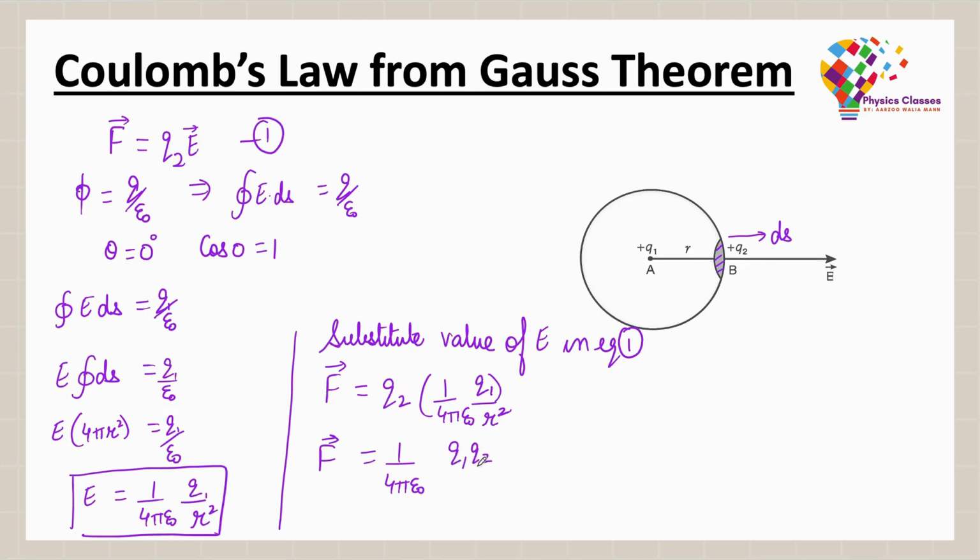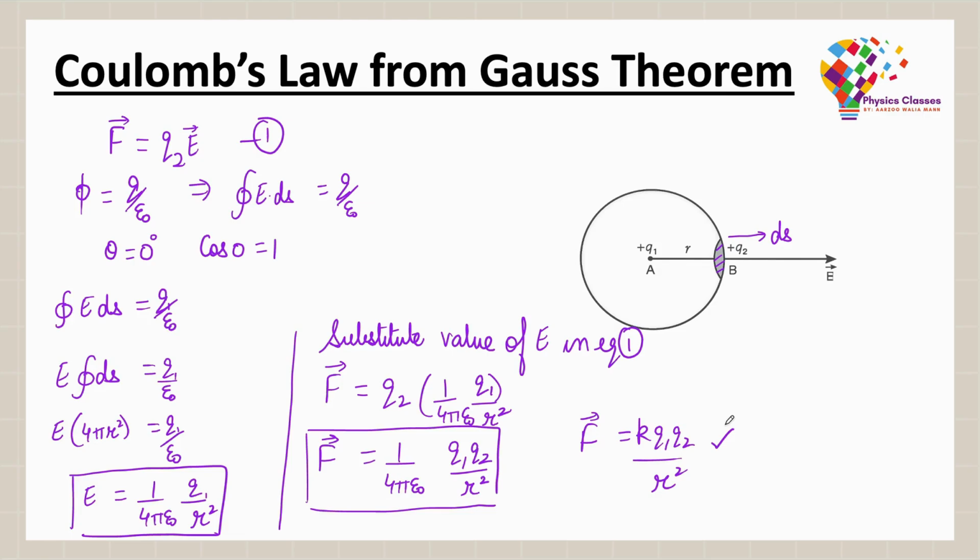And if you remember, this is exactly what Coulomb's law tells us. We can also write it in another form, as K Q1 Q2 by r square. Both equations are correct. This is how we derive Coulomb's law from Gauss law. This doesn't come as a direct derivation as such. It's not even present as a derivation in the book, but sometimes they give you a question that says derive Coulomb's law from Gauss theorem. So it's not exactly a derivation, but they put it in the question form.